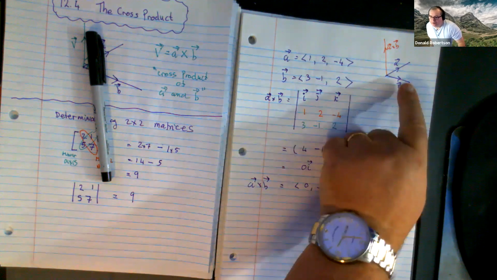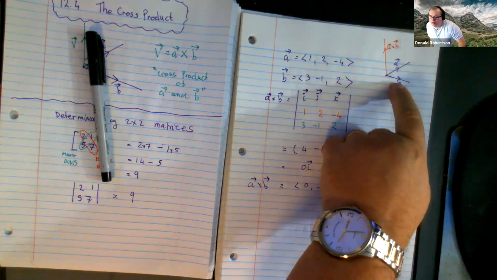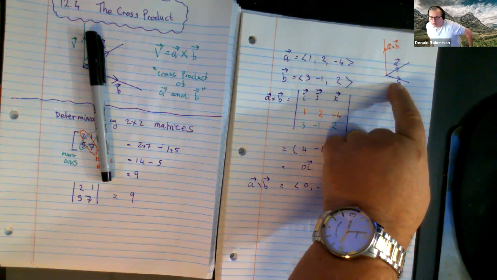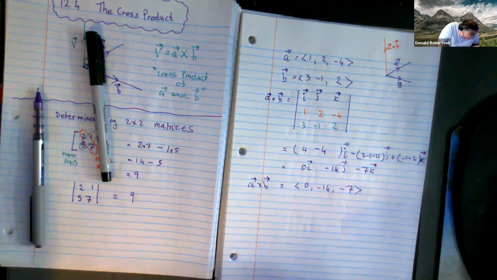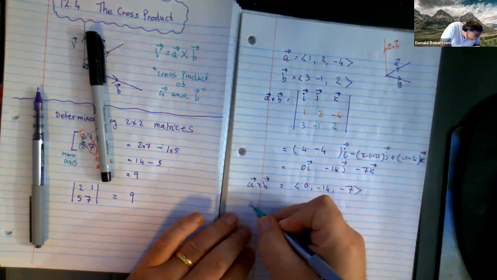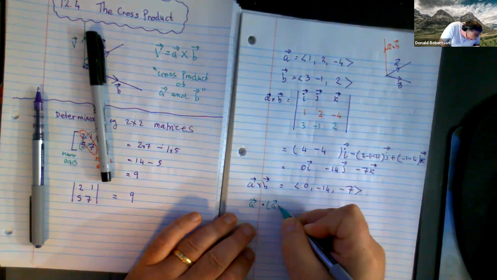Now, shouldn't this cross product be orthogonal to A and at the same time orthogonal to B? Wouldn't it be nice if we could check that? Not for homework, because you probably won't do it for your homework because it's a lot of work, but just to prove to you. I am going to find the dot product of A and my cross product guy, right?